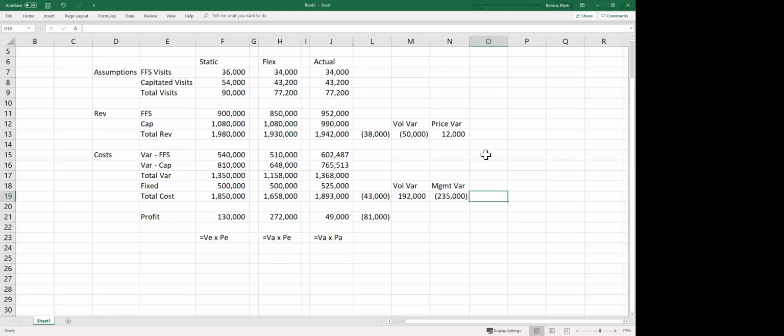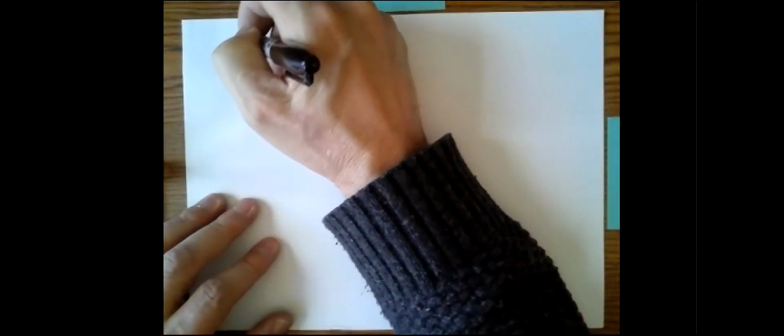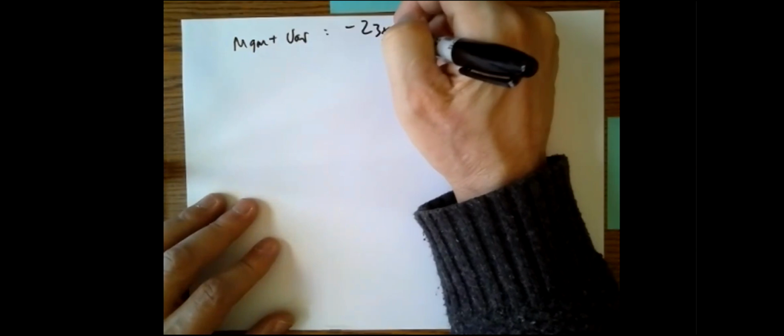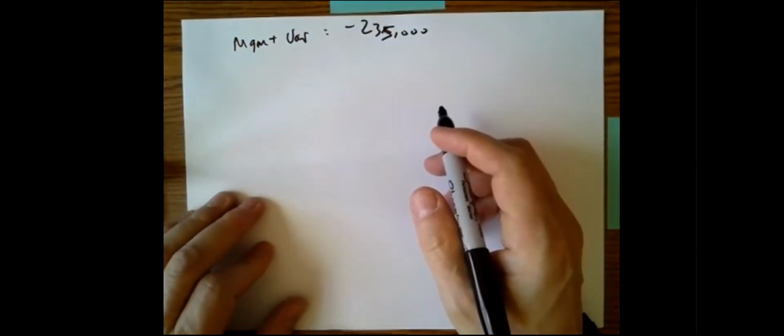Now part E says, break down management variance into its three components: labor, supplies, and fixed cost variances. Okay, the Excel is not particularly useful here for this portion, but we're going to break management variance down, right? So the management variance was minus 235. So everything we do now has to add back up to minus 235.